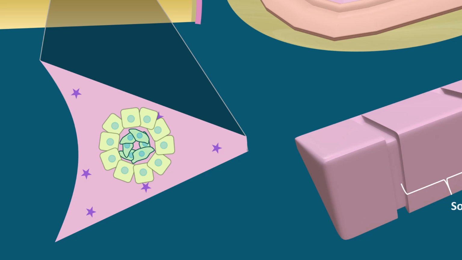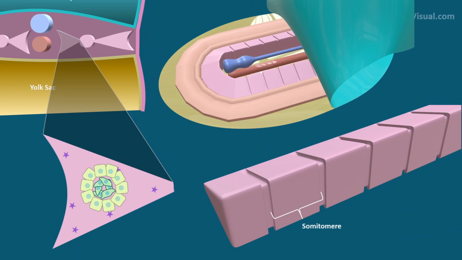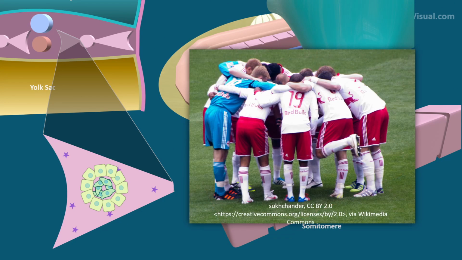What I think of it is that they are huddled up and now they are starting a meeting. So here is a cellular meeting of these cells going on. During this cellular meeting, the fate of different cells is decided.